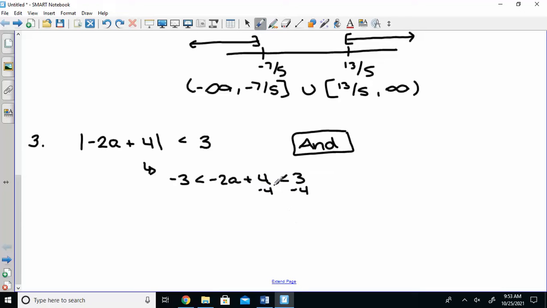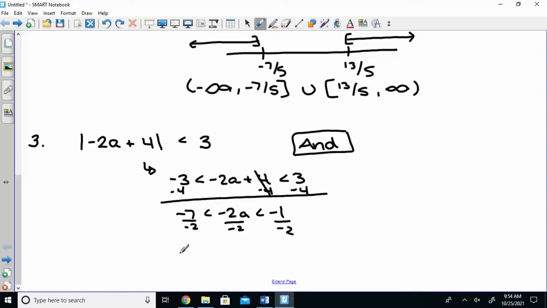So then to solve for a, you subtracted your 4 from everything. And then what did we do? Divide by -2. When you divide by a negative, what happens to your inequalities? So I get 7/2 is greater than a is greater than 1/2.